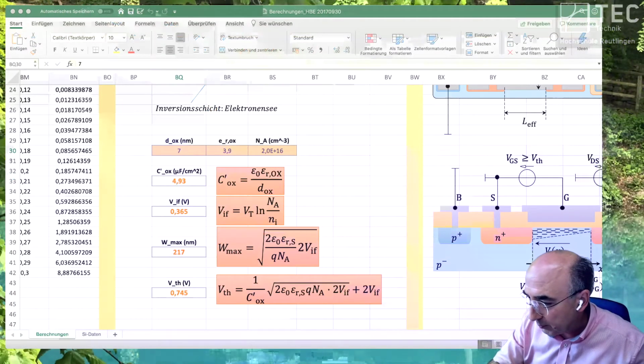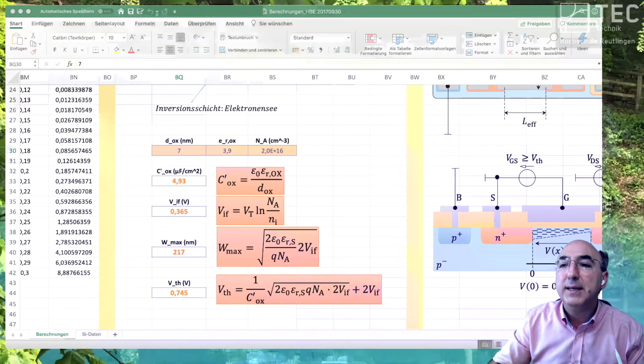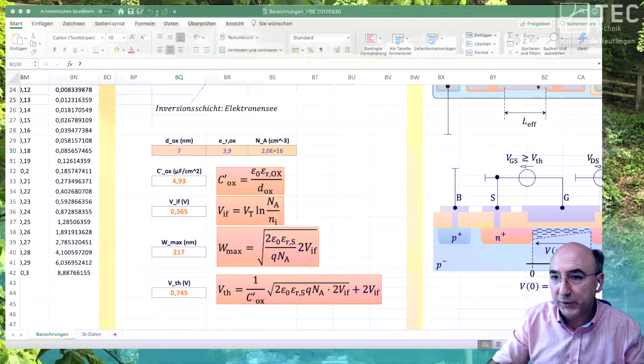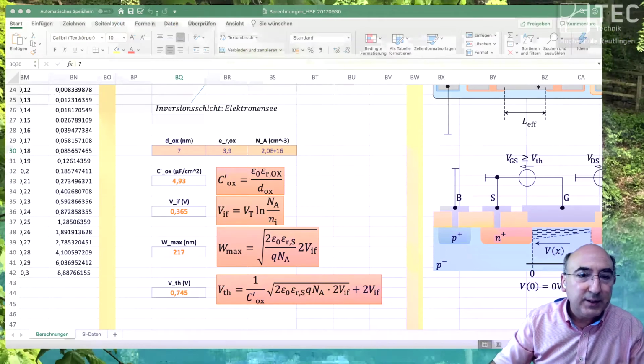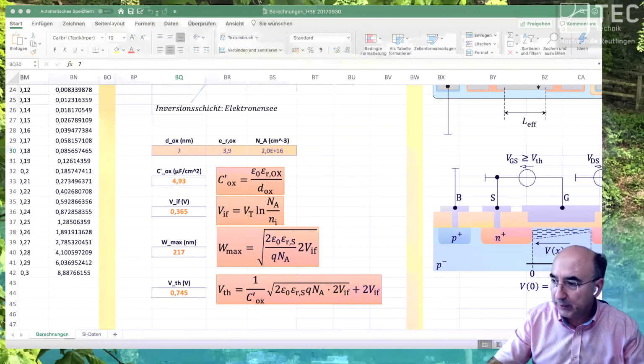Now we are going back to the spreadsheet. So the extension of the space charge region is 217 nanometers, very low value. And the resulting threshold voltage is 0.745 volts. That's a realistic value for realistic semiconductor values.